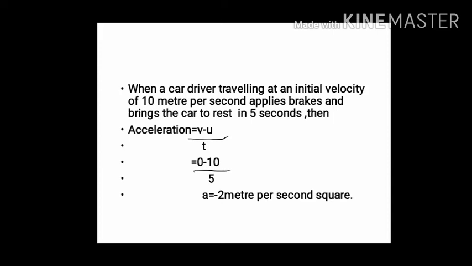That means when the car comes to rest, its velocity will be 0. So 0 minus 10, where 10 is the initial velocity, divided by 5, the time taken. a equals minus 2 meter per second square. The minus sign indicates negative acceleration or retardation.